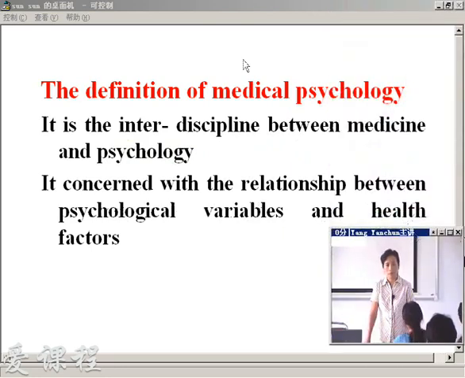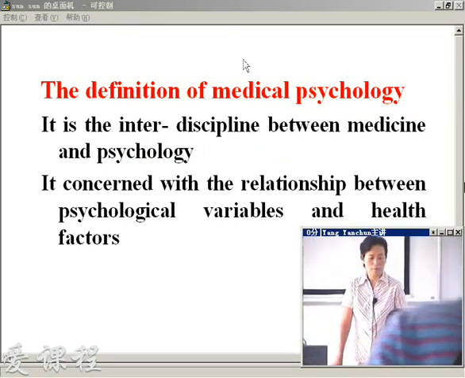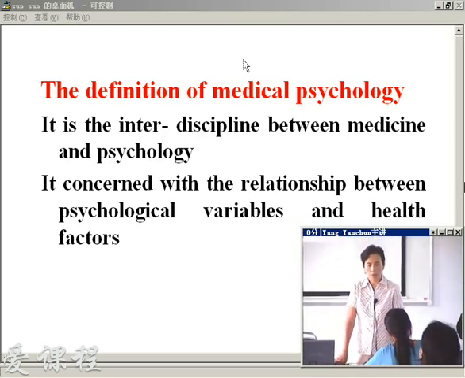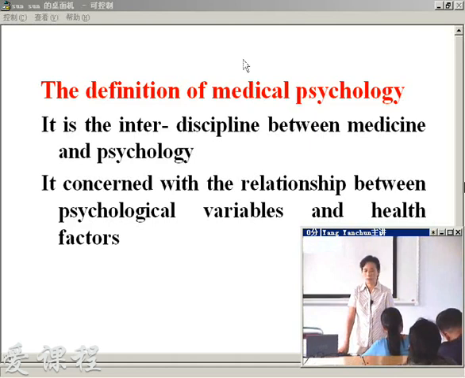The definition of medical psychology: it is the interdiscipline between medicine and psychology. It not only involves biology, it integrates the psychological, the biological and the medical.